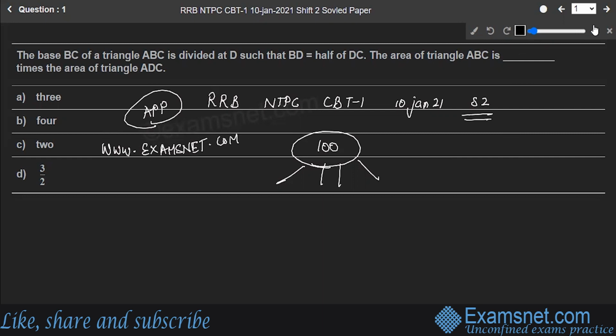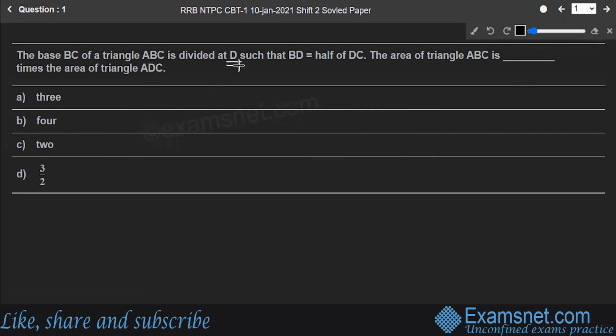So let's start with the first question of this paper. It's a mathematical question. It says the base BC of a triangle ABC is divided at D such that BD is equal to half of DC.